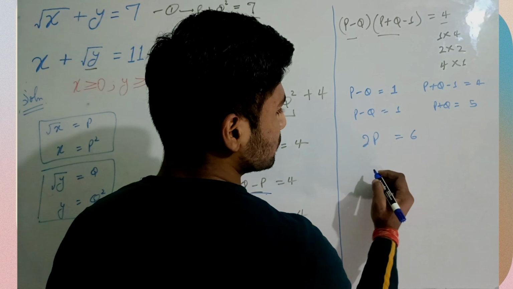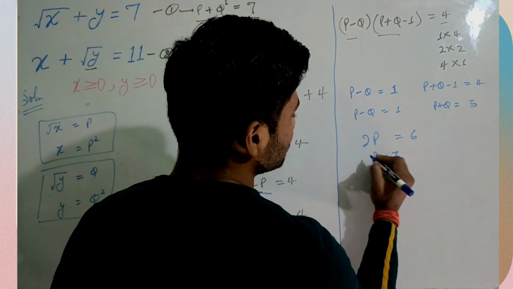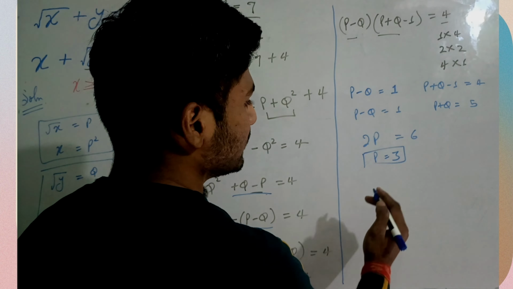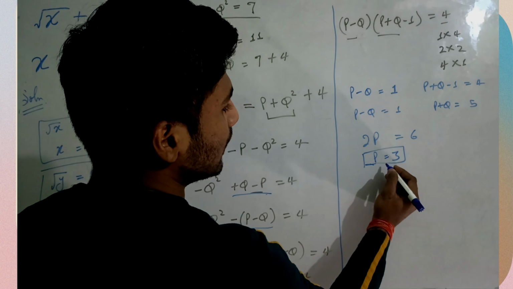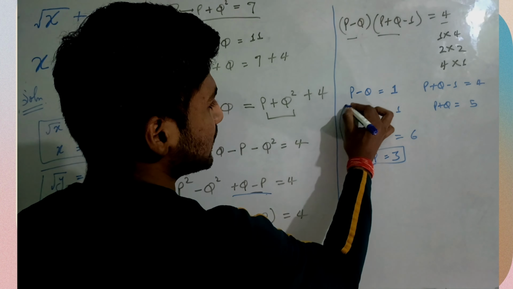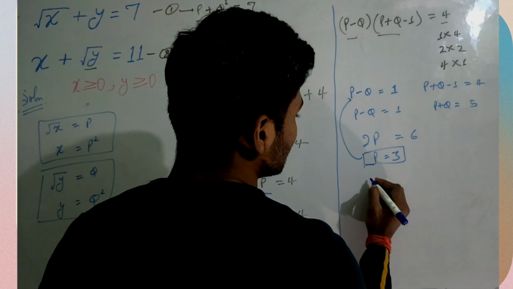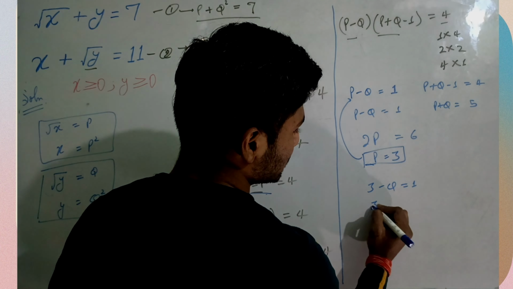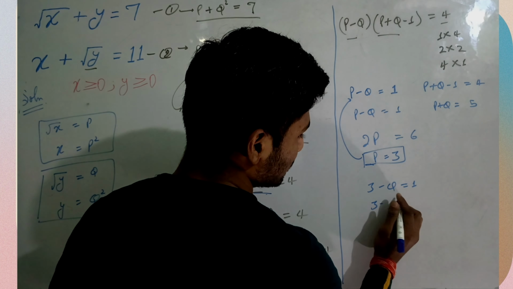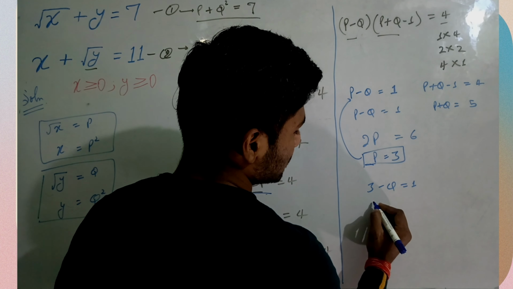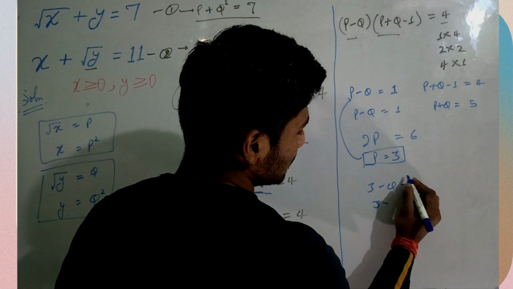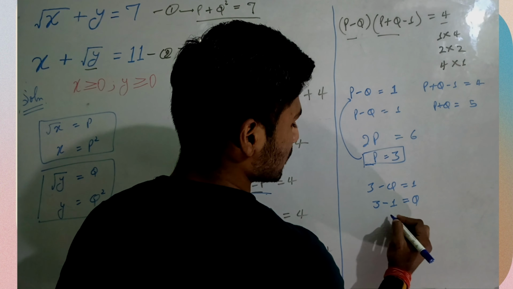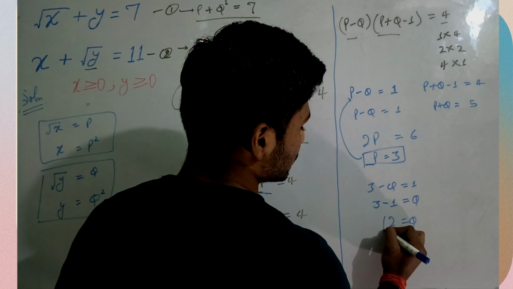So 2p is equal to 6, or we get p is equal to 3. And when p is equal to 3, putting this value of p here, we get 3 minus q is equal to 1, or 3 minus 1 is equal to q, or 2 is equal to q.